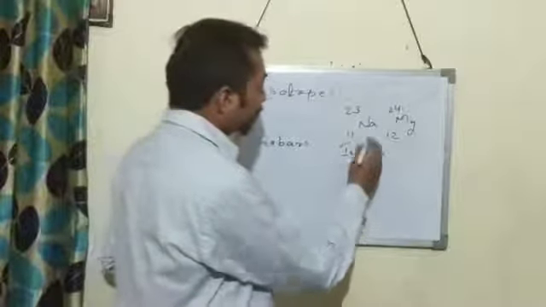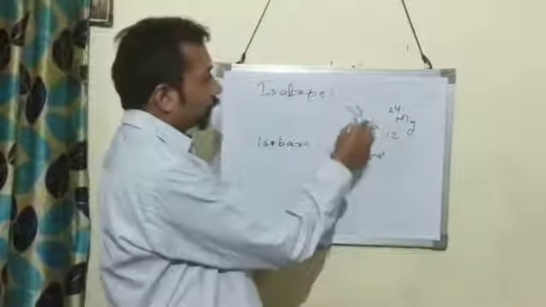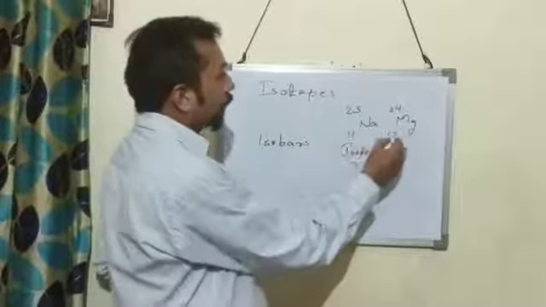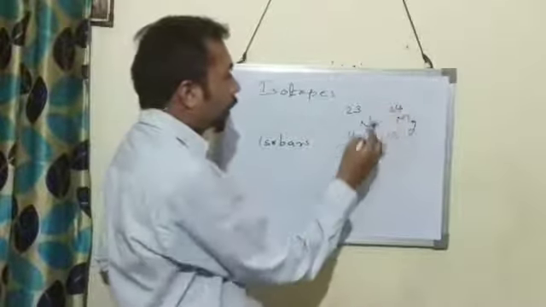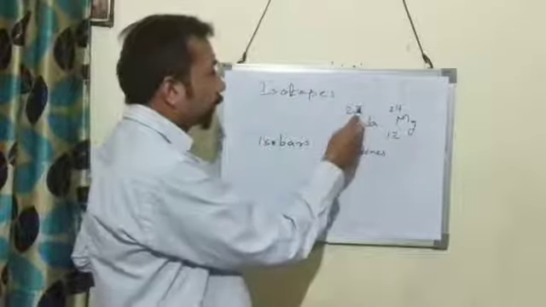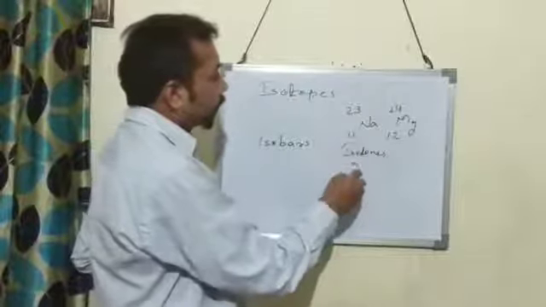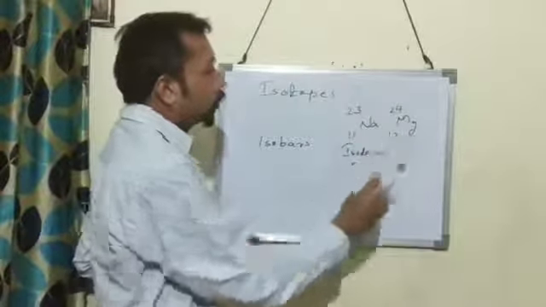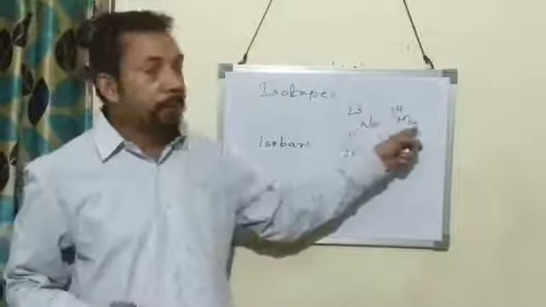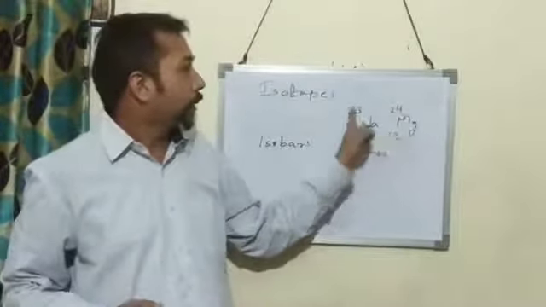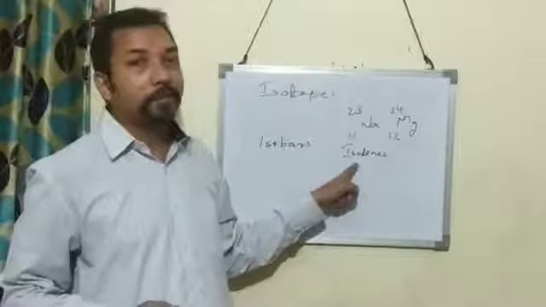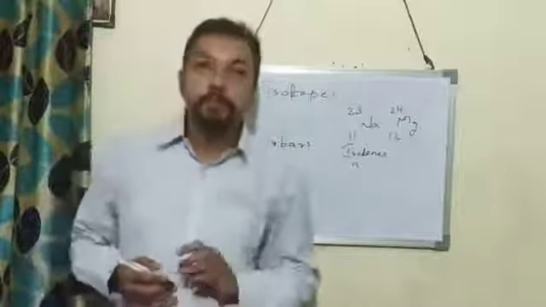When you calculate the neutron number, you can see they are the same: 23 minus 11 equals 12, 24 minus 12 equals 12. So isotones are the atoms of different elements having different atomic number, different mass number, but the same number of neutrons. They are known as isotones.